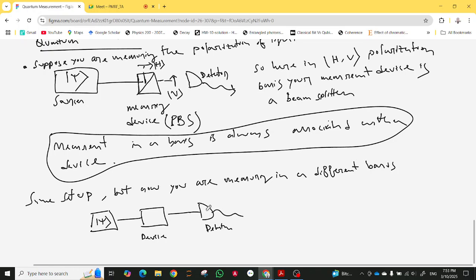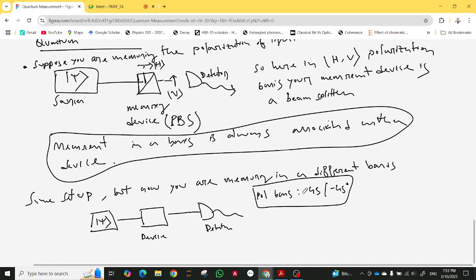So in the first case, this detector will tell you whether it is horizontal or vertical. Now in the detector you are measuring in the plus 45 degree minus 45 degree basis. So now your polarization basis is plus 45, minus 45 degree, not HV.